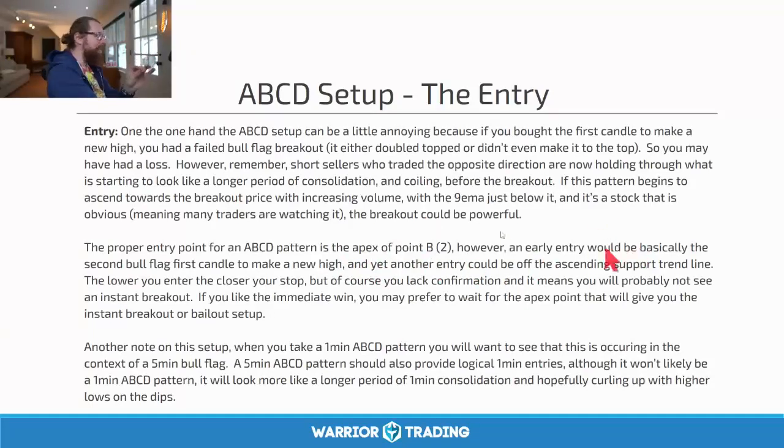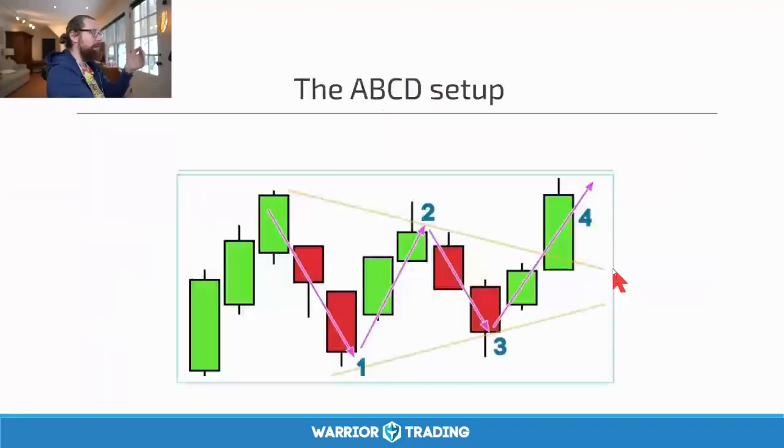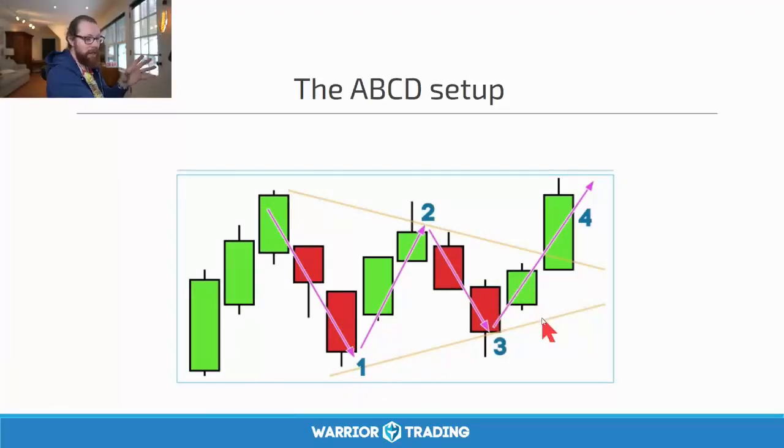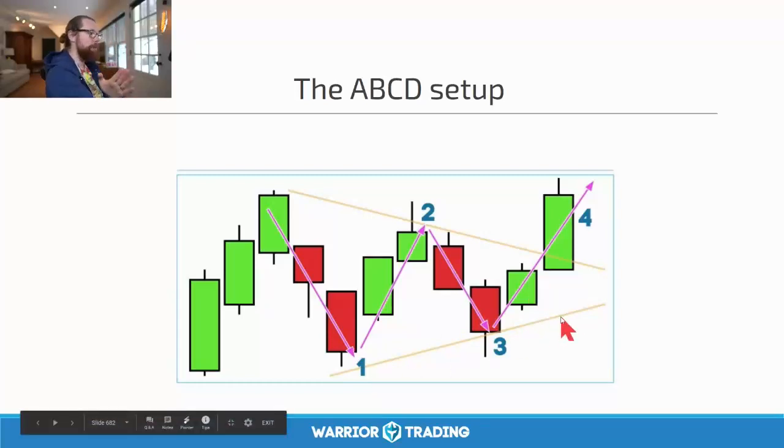However, an early entry would basically be the second bull flag, the first candle to make a new high of that second bull flag pattern. And yet another entry could be off of the ascending support trend line if it bounces off that level. So we usually would draw this line here, and perhaps there's one that connects further back. And so we might be able to see, as it dips back down here, a possible bounce off of that ascending support line.